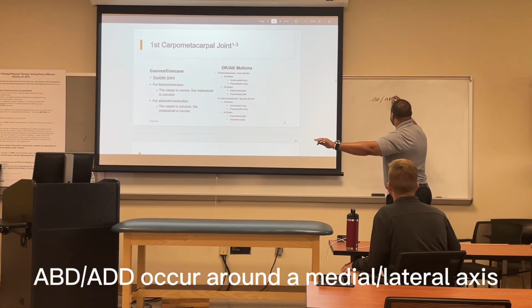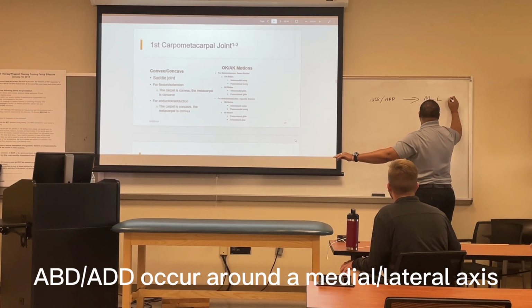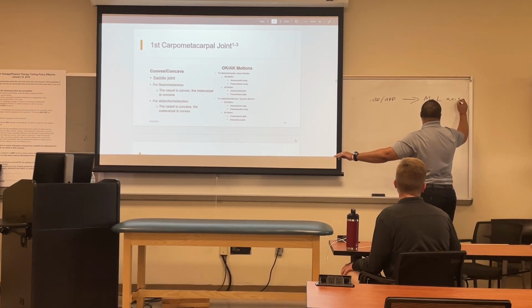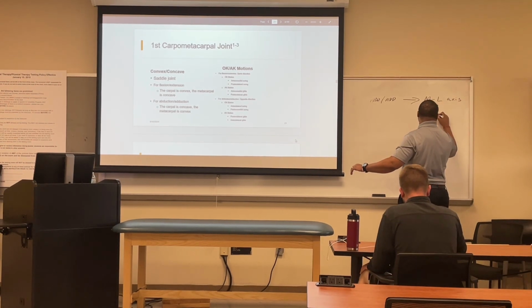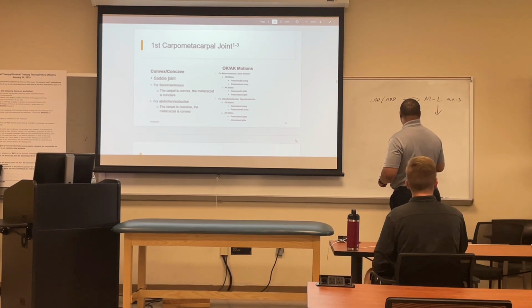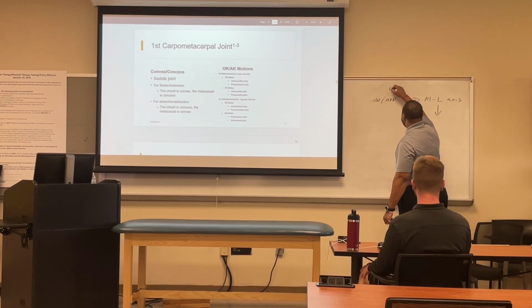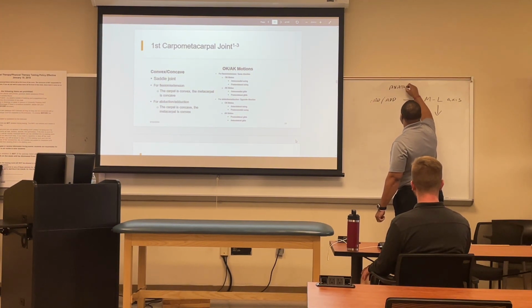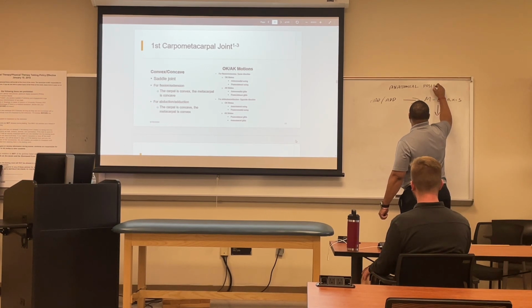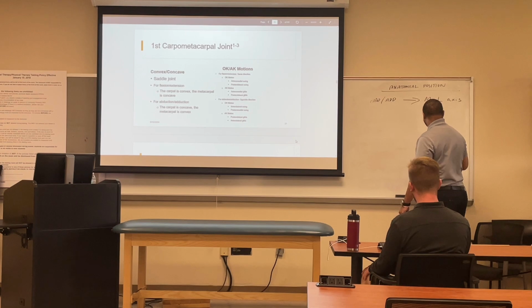Hold right there. Extrapolate. So adduction occurs around the medial lateral axis, right? So we talk about anatomical position because they're basing this off the anatomical position. So this is unique, right?